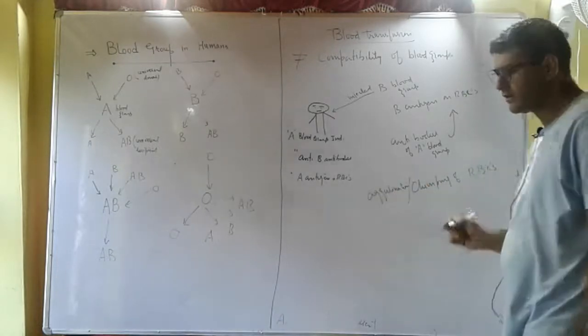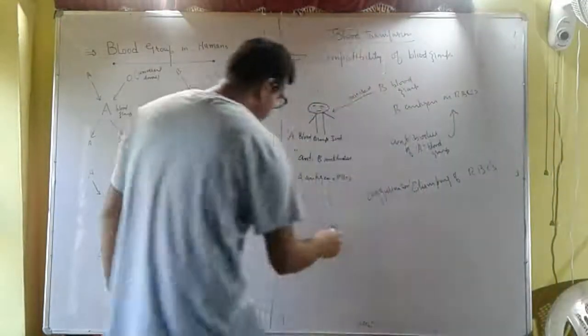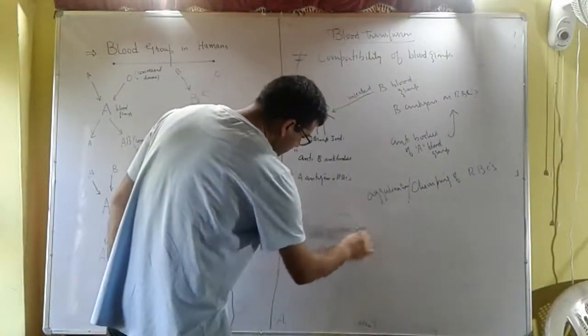That means RBCs will get collapsed. It will be like this. This is the mismatching of the blood groups.